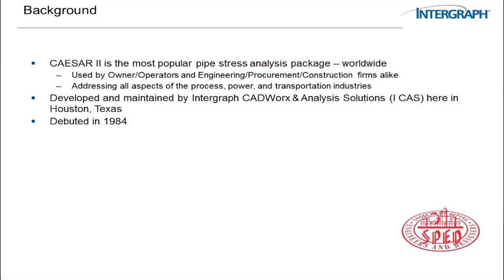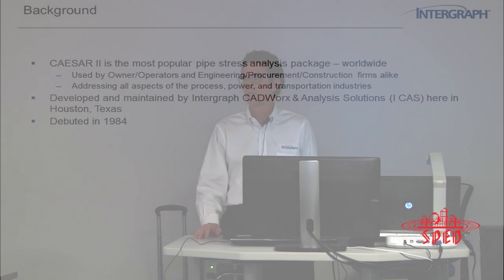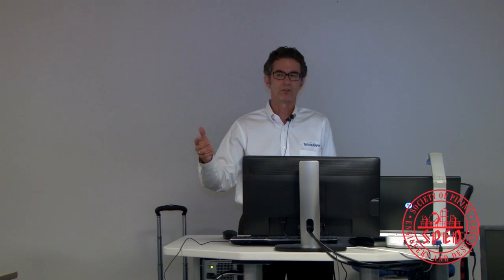I'll say CESAR 2 is the most popular pipe stress program in the world. It's been around for a long time. It came out in 1984. The first machine that it ran on officially was the IBM PC XT. If you were around in 1984, that was a great machine. 64K of RAM, screamer. 20 megabyte hard drive.